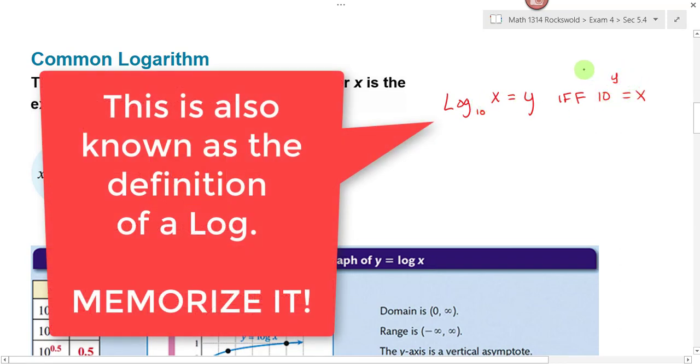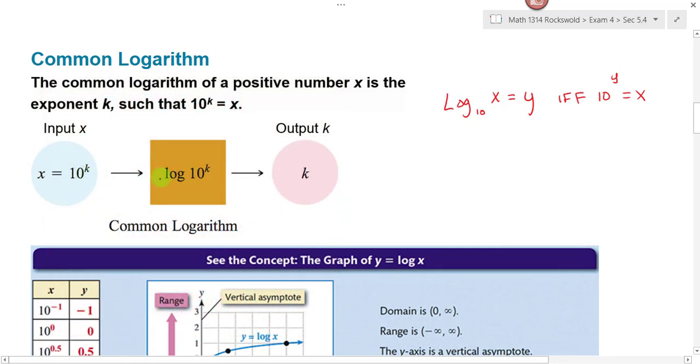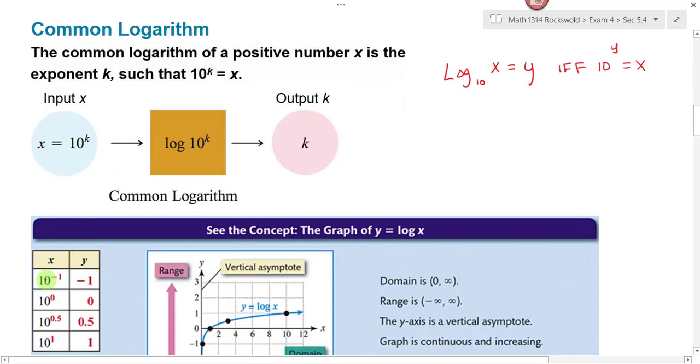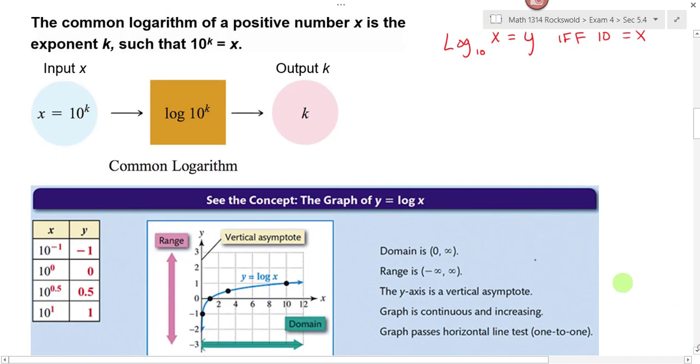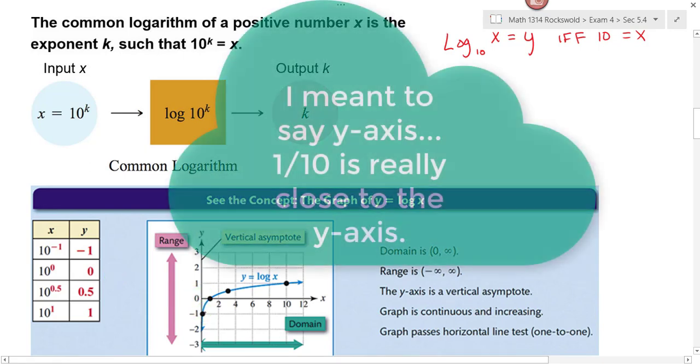By rewriting this as an exponent, it's easier to see how to get points to graph this function. So here I have 10 raised to the negative 1. If my exponent is negative 1, I get 10 raised to the negative 1, which is 1/10. What that means on my graph is when y is equal to negative 1, x is 1/10, which is really close to the x-axis.